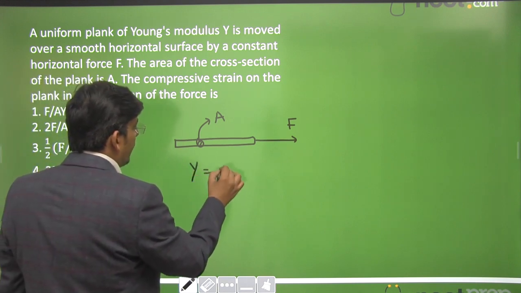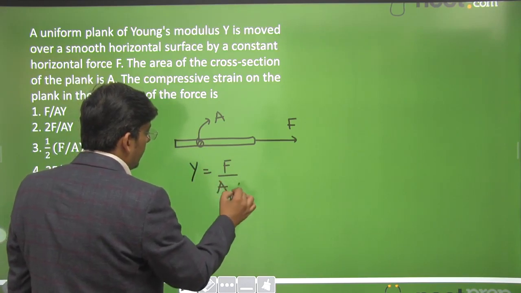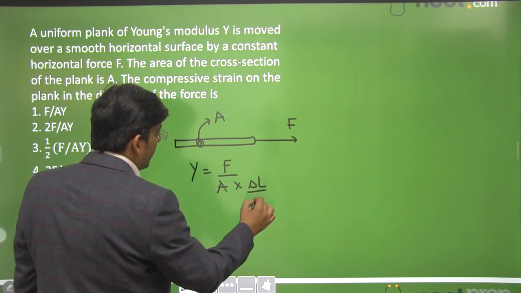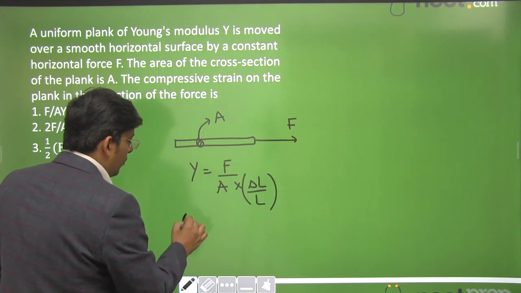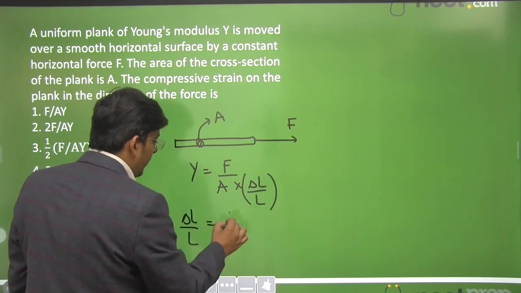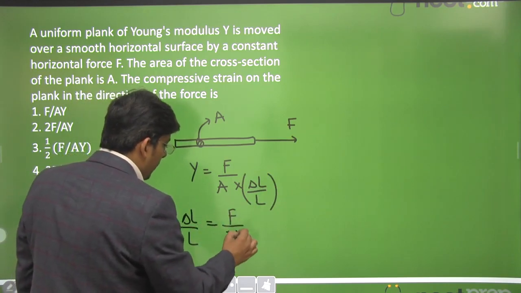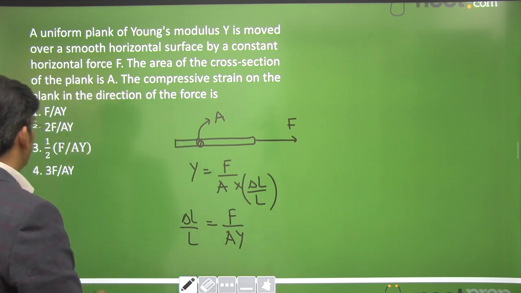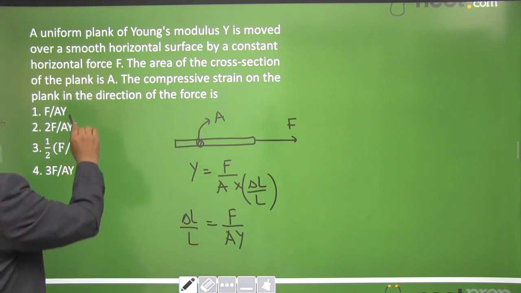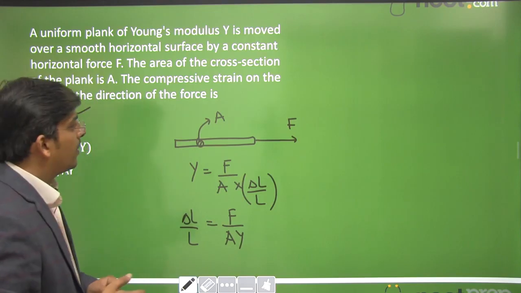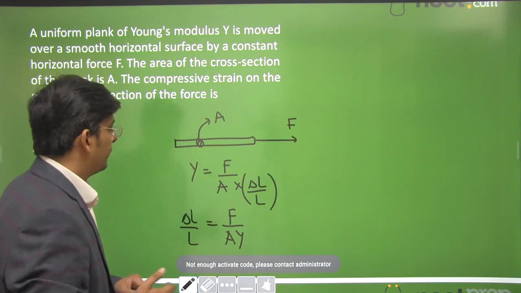Actually Young's modulus is force upon area into change in length divided by original length, right? So strain is going to be equal to F divided by A into Y, that is F divided by AY. Okay. I hope this is clear to everyone.